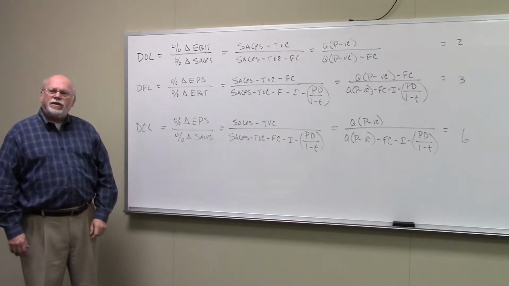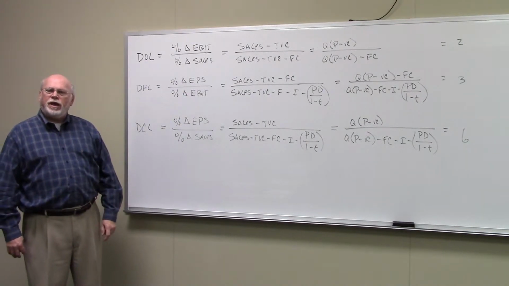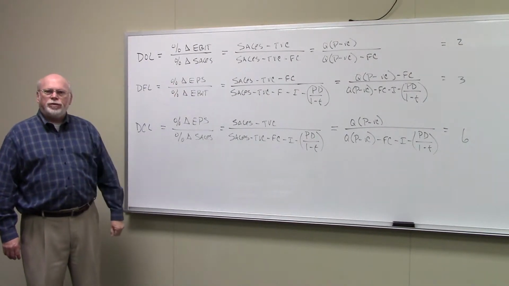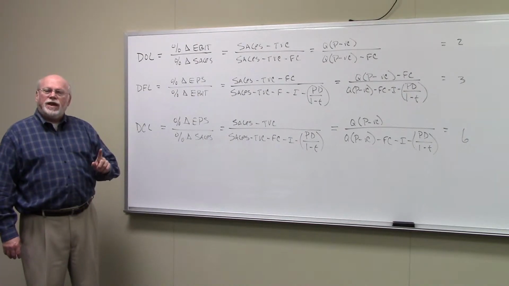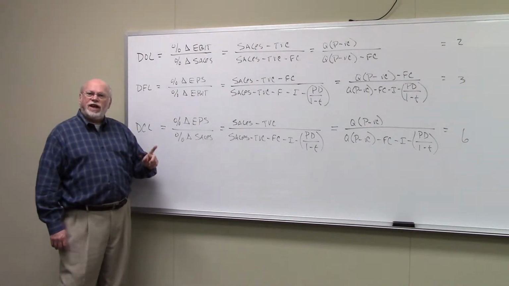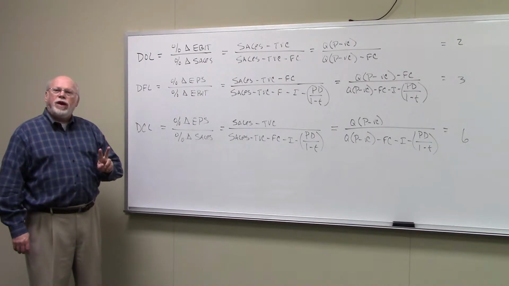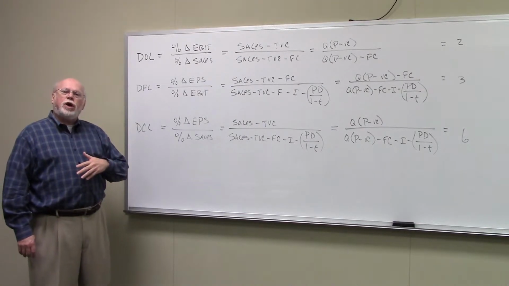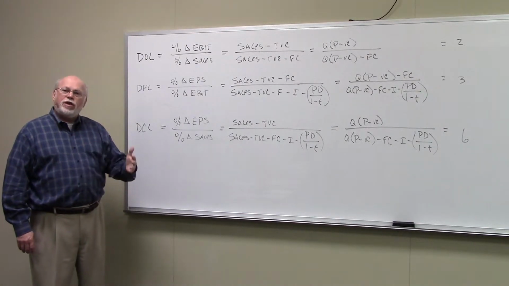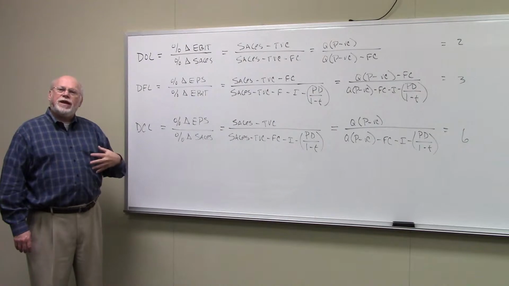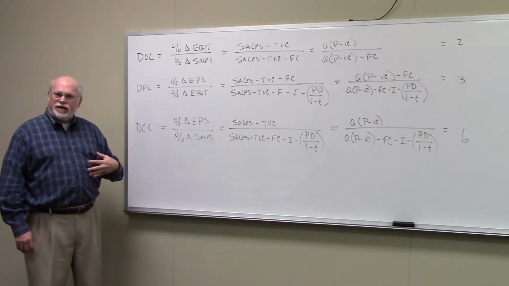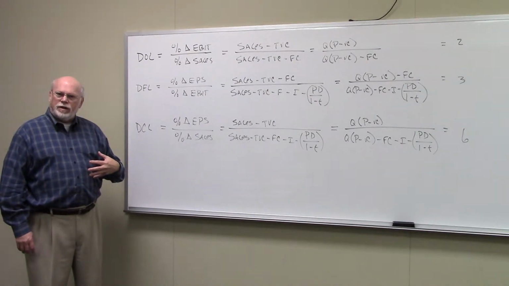If you calculated the degree of operating leverage for a company and it turned out to be 2, what that means is that each 1% change in sales will give you a 2% change in EBIT, operating profit. So if you expected sales to go up by 3%, you'd expect a 6% change in operating profit.